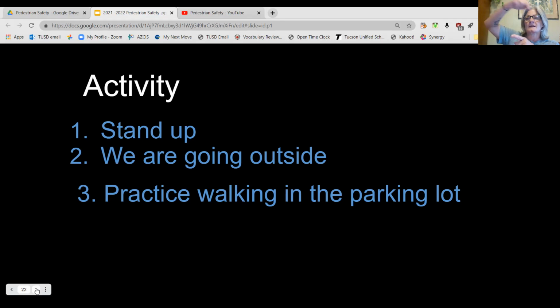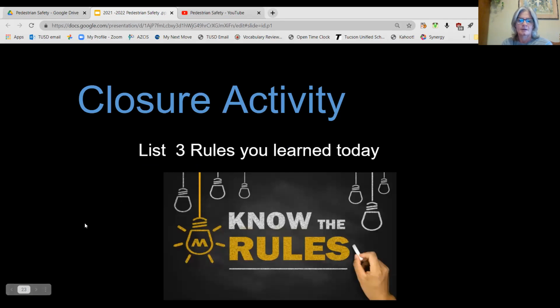Then you're gonna walk around like 1 block and then practice safety as you're doing it and talk about it out loud. What are the steps you're doing? Why are you stopping? This activity should take you at least 10-15 minutes. As a closure activity, after you've done the walking, you're going to list 3 rules you learned today about pedestrian safety.